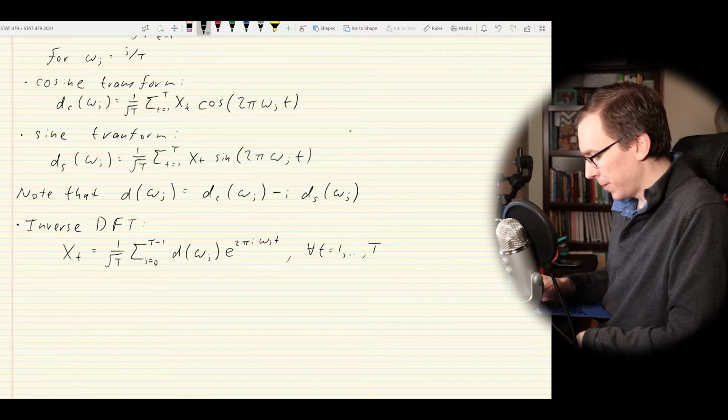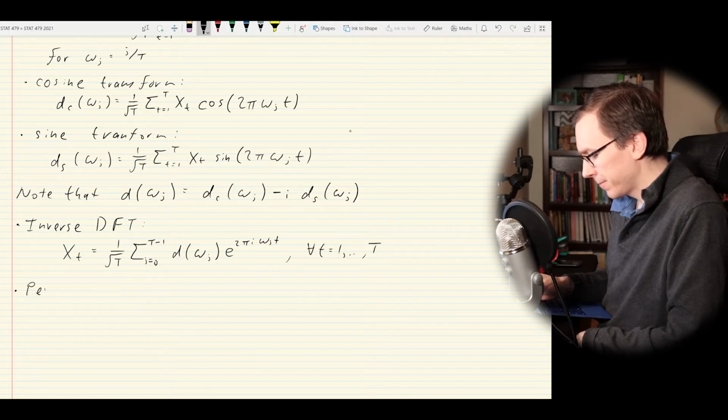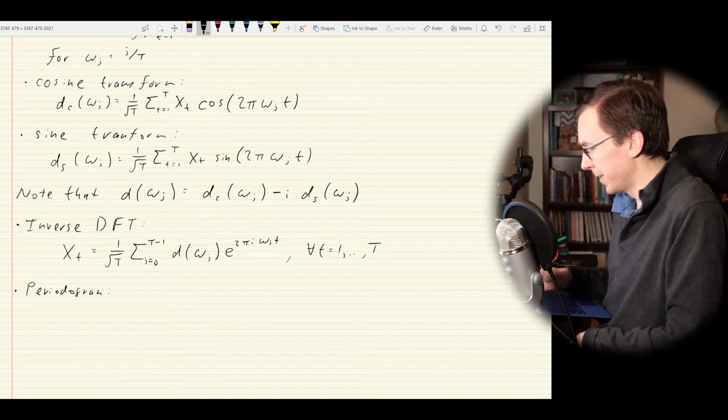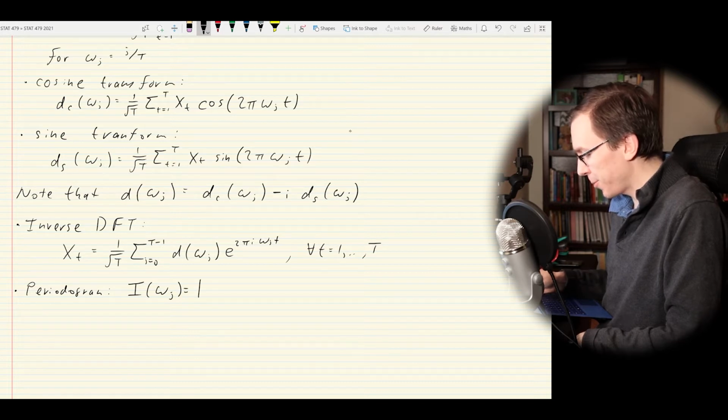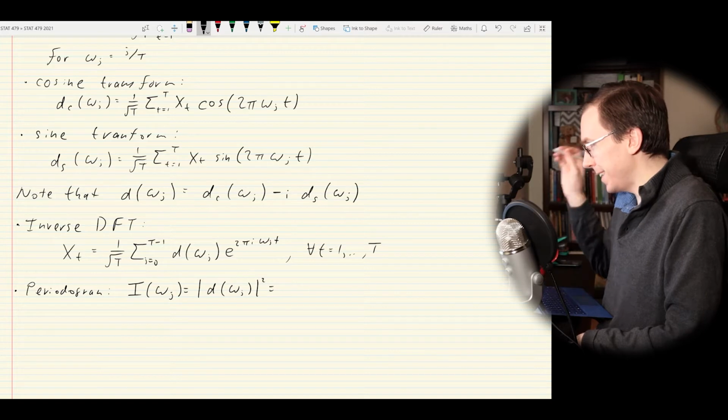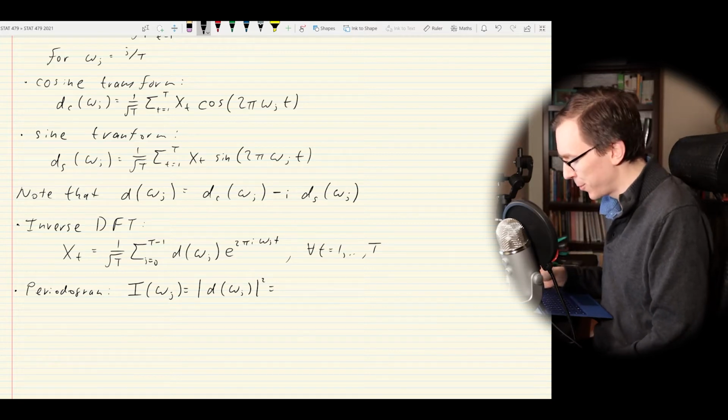And from here, we got the periodogram, which we talked about, I think, 2 lectures ago. The periodogram for a given frequency omega j is going to be the squared magnitude of the discrete Fourier transform at that frequency omega j. But if we use the sine and cosine transform, we can write it just as a squared sum.